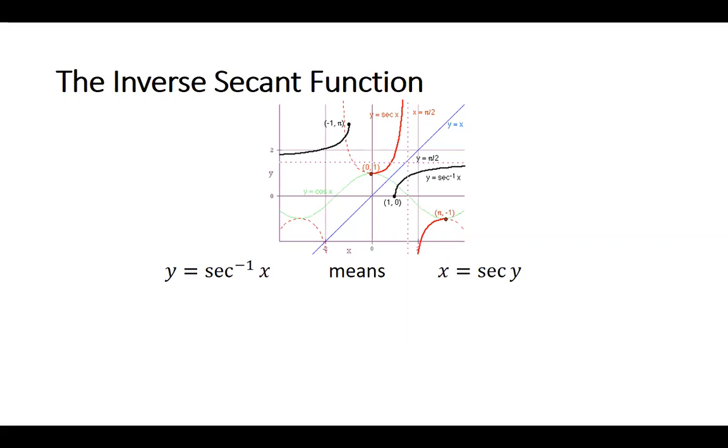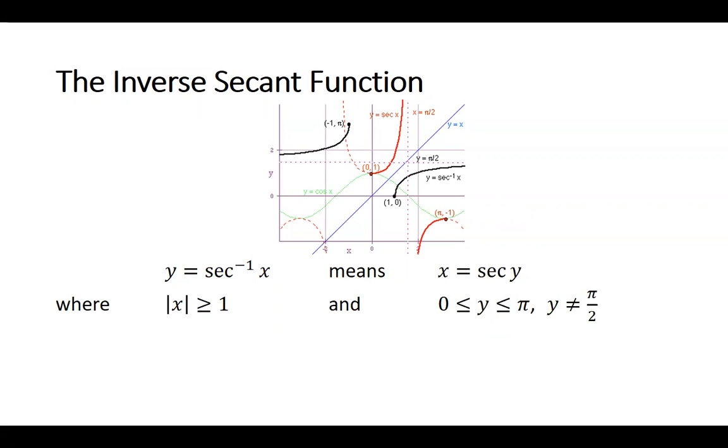So let's take a look at this. y equal to the inverse secant of x means x is equal to secant of y. So we're taking a trigonometric function and we're reversing it to come up with the angle. So an easy way of writing this, for the inverse secant function, the domain is the absolute value of x is greater than or equal to 1.